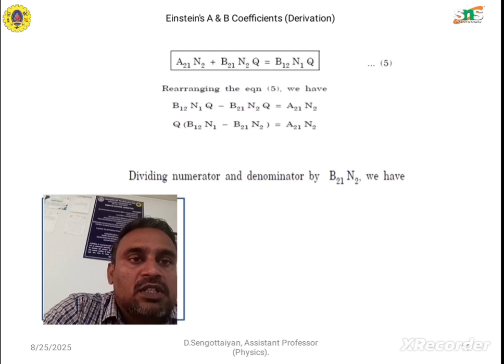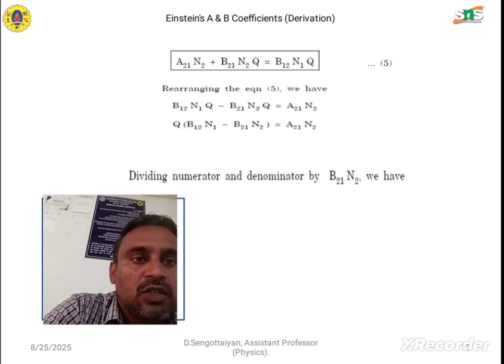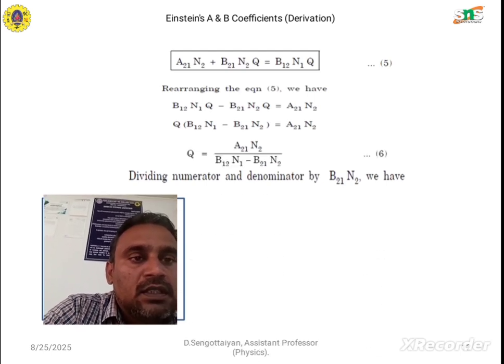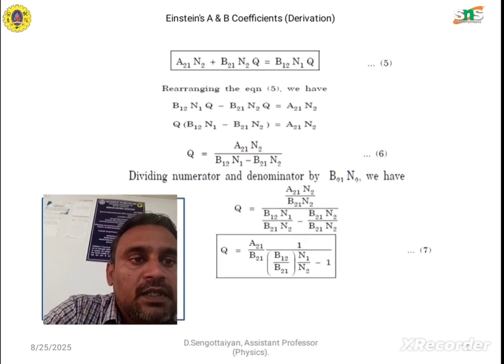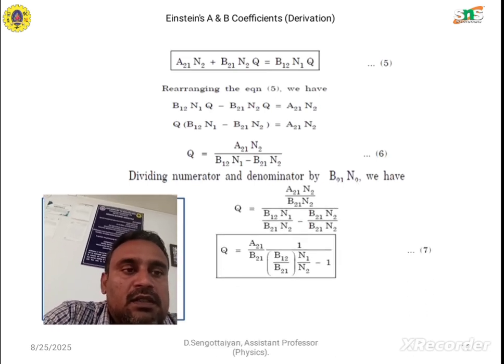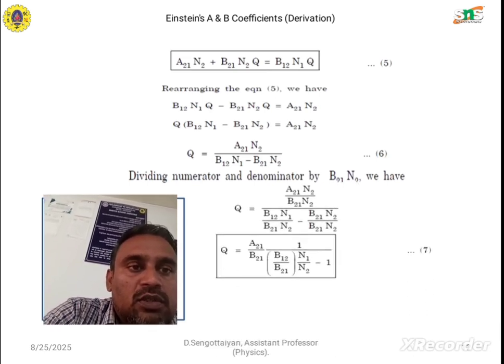Finally Q is a common value, so Q into B12 N1 minus B21 N2 is equal to A21 N2. Then dividing the denominator by B21 N2, finally equation 7 is known as Q equal to A21 by B21, into 1 by B12 by B21 times N1 by N2 minus 1.